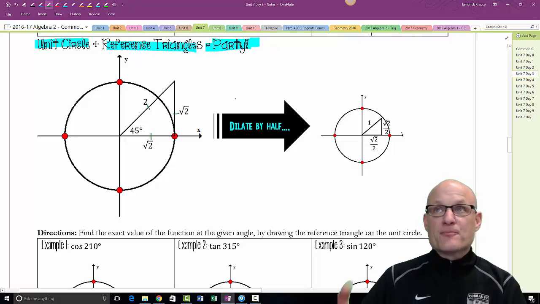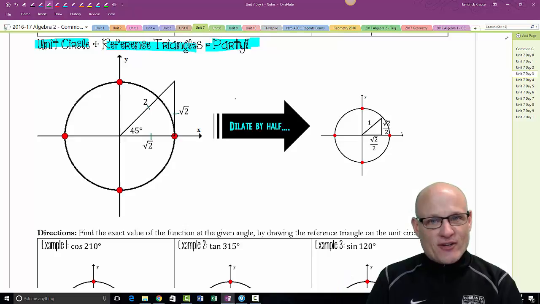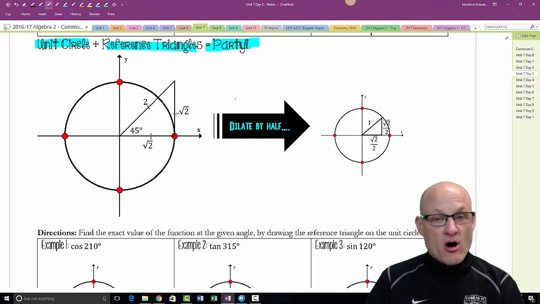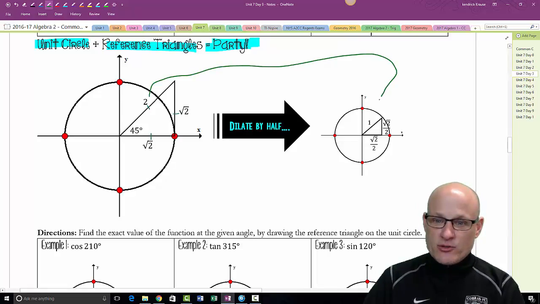But remember, all 45, 45, 90 right triangles are proportional, are similar. They're just dilations of each other. Therefore, all the sides are going to be in the same proportion. So, if I take this radius and make it the unit circle radius, which is just 1, I have divided it by 2.